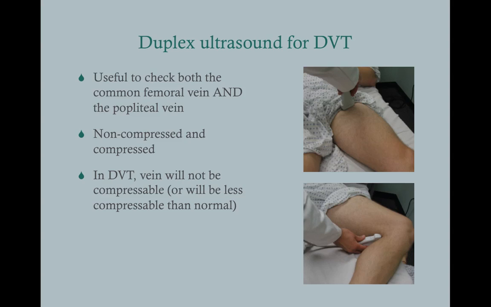And the theory behind that is that when you have a DVT, you are not going to be able to fully compress the vein. Veins are easily compressible because you don't have a high pressure in them. So if you have a normal vein, you should be able to compress it down all the way. If you have a DVT in that vein, you will not be able to fully compress it.